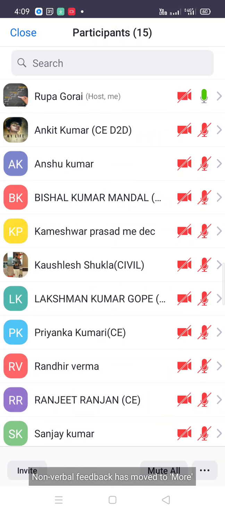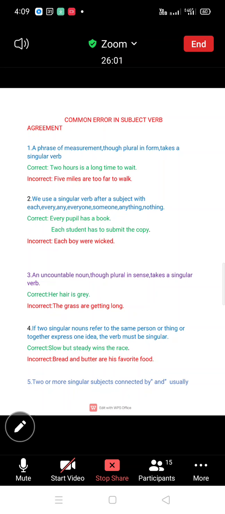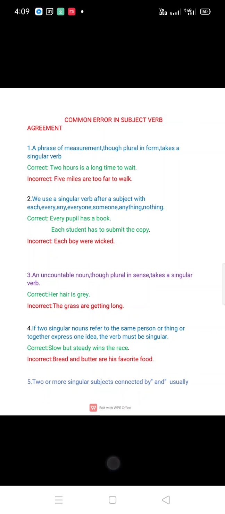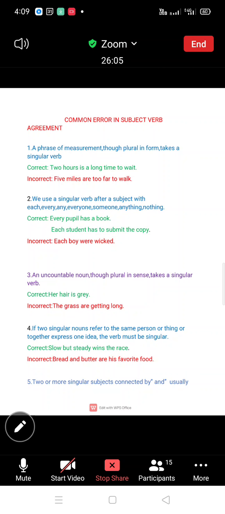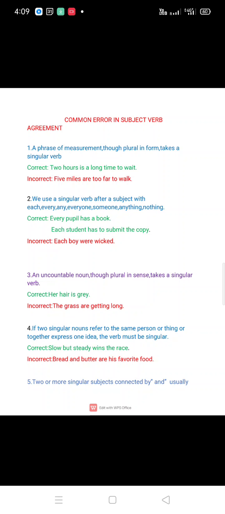Okay, now we will move on to our next part, that is common error regarding preposition. After that we will also do some practice. Okay, we will also do some practice regarding stress and some common errors and intonation also.